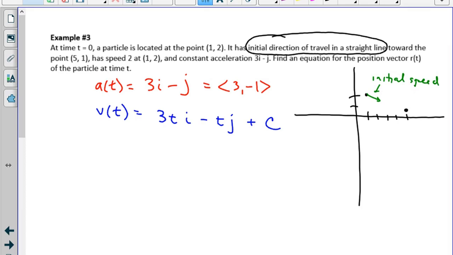that means that my initial velocity, sorry, I should use proper terminology, my initial velocity is going in this direction, and it has magnitude 2. Okay, so my initial speed is 2, and the velocity has direction headed straight line toward 5, 1.